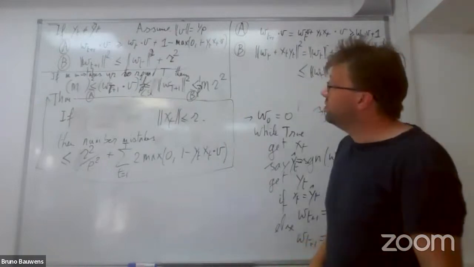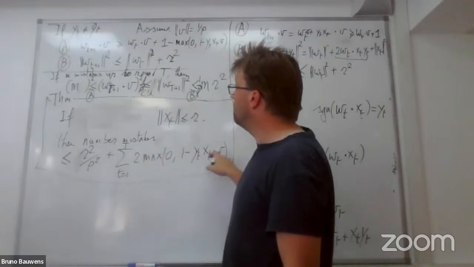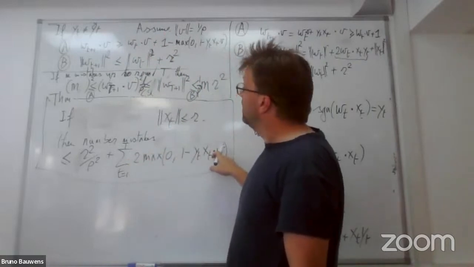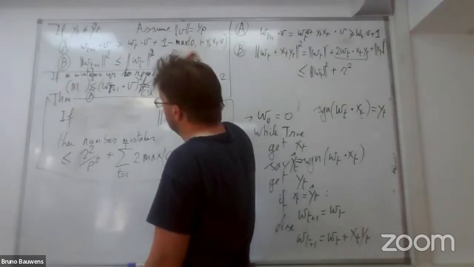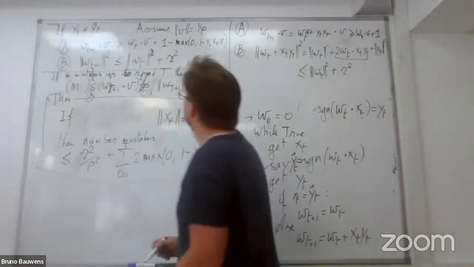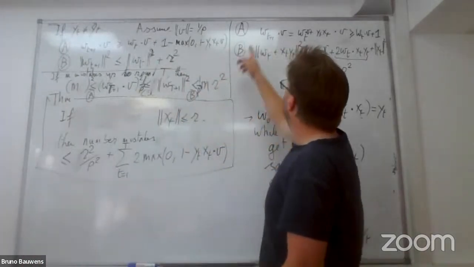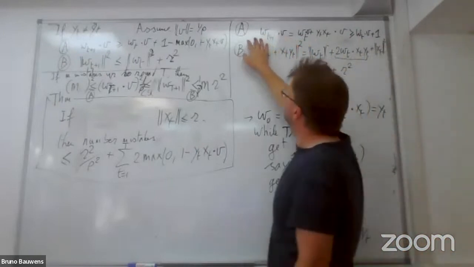So now we have to do two things. We have to prove that A and B imply this bound, and it will be very similar. First step, we need to adapt A. Let's start with proving A.